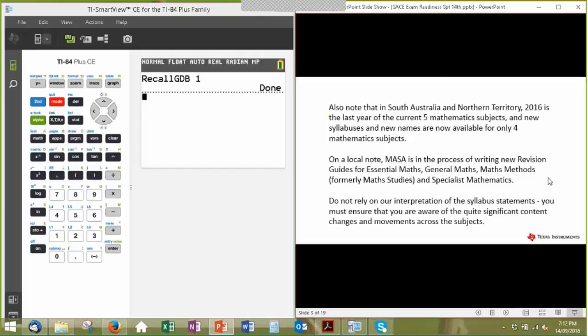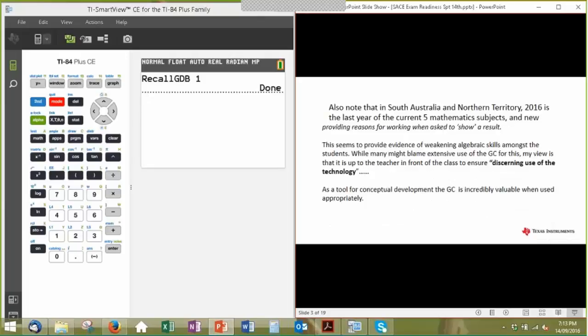But a really important thing is that you do not rely on anyone's interpretation of the syllabus statement, not the revision guide, and not even the textbooks. You really should ensure that you're aware of the very significant changes that are happening and the new material in the content. Many things are in, many things are out, many have just shifted sideways to a different subject.